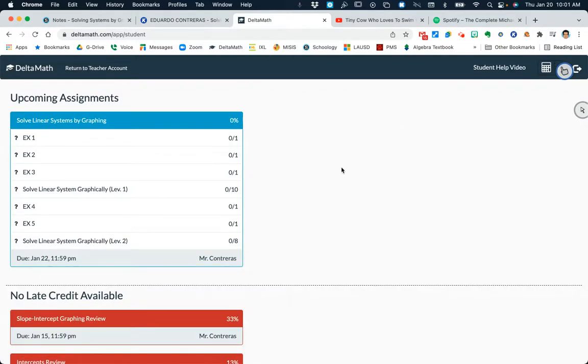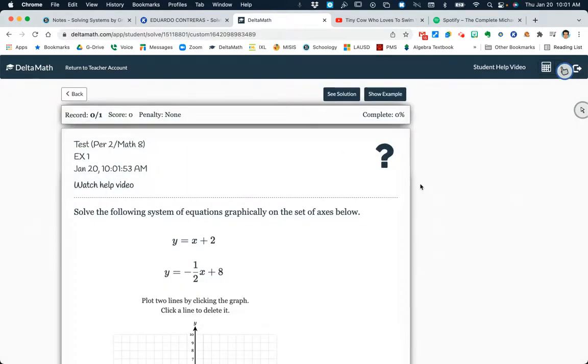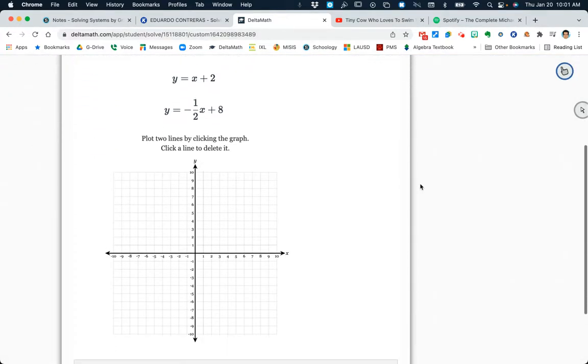The assignment looks like this: solve linear systems by graphing. And here we are. So we're going to graph these two. If you notice, they're both in slope-intercept form. The first three examples we're going to do, both equations are in slope-intercept form, so we don't have to rewrite. Let's just graph these and get practice. Our first equation is y equals x plus 2.